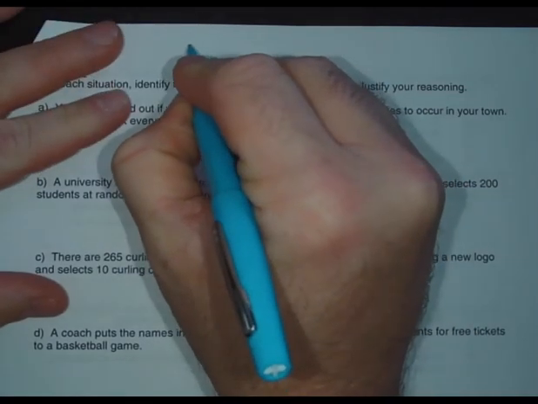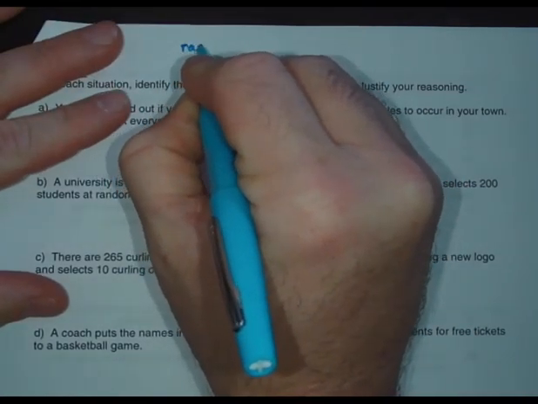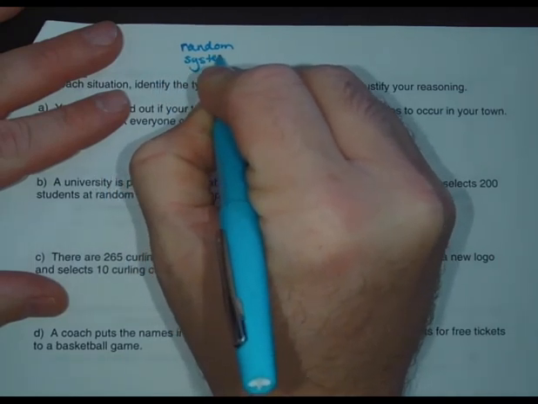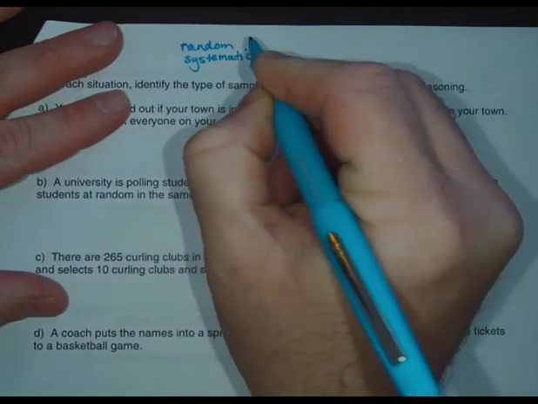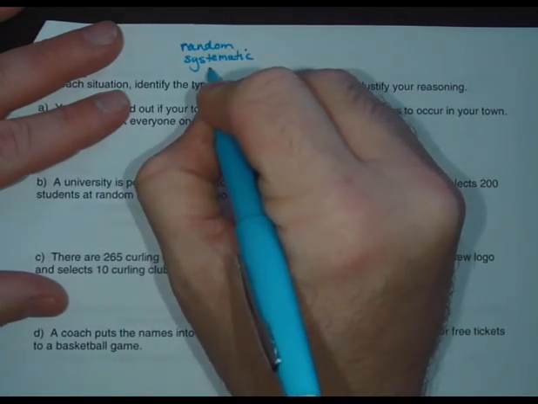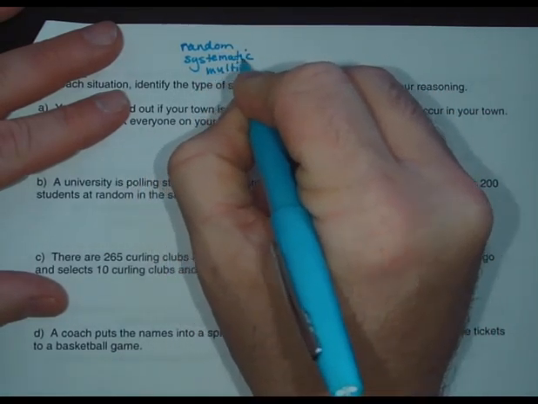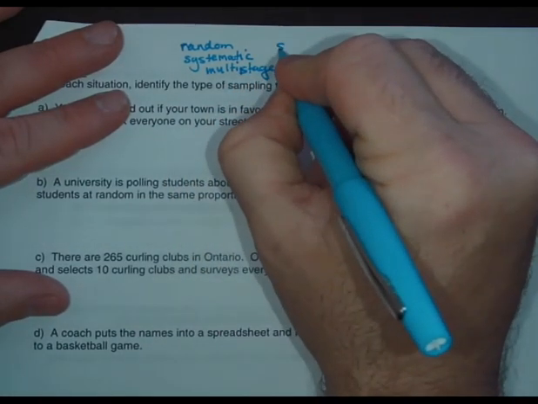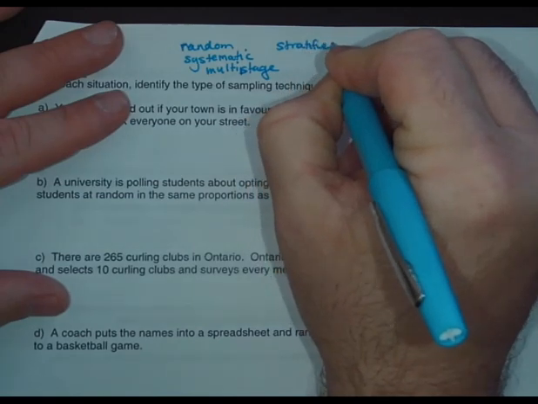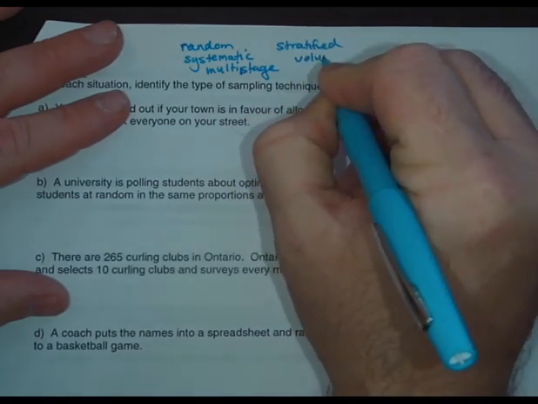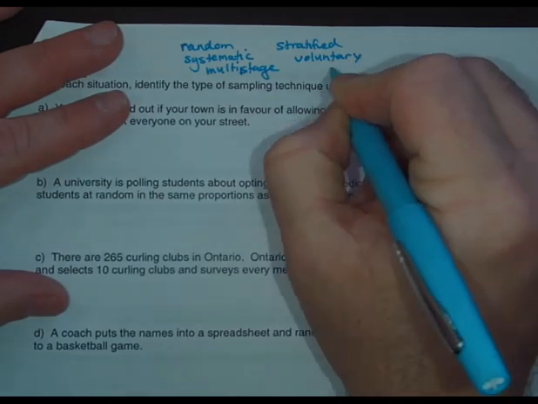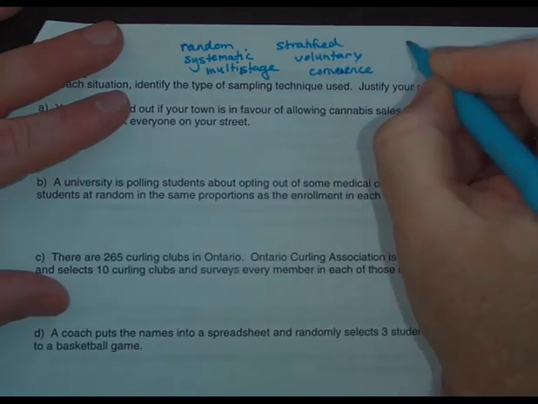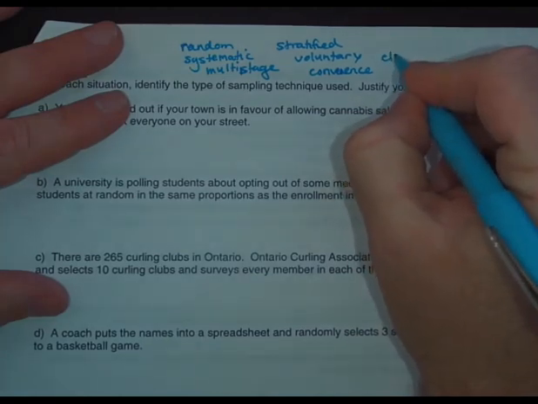So we know we have a random one, we have a systematic one, we have a multi-stage, we have a stratified, we have a voluntary, we have a convenience, and we have a cluster.